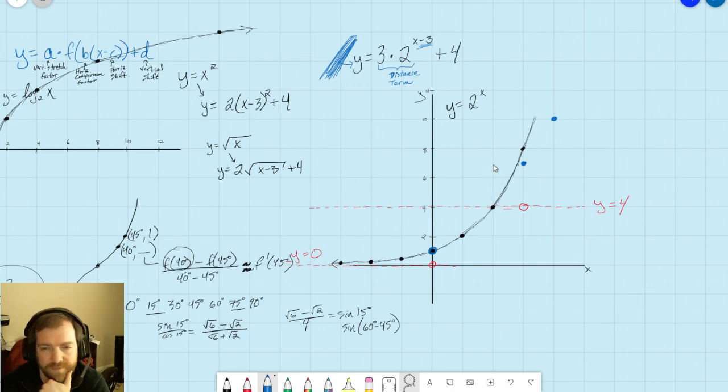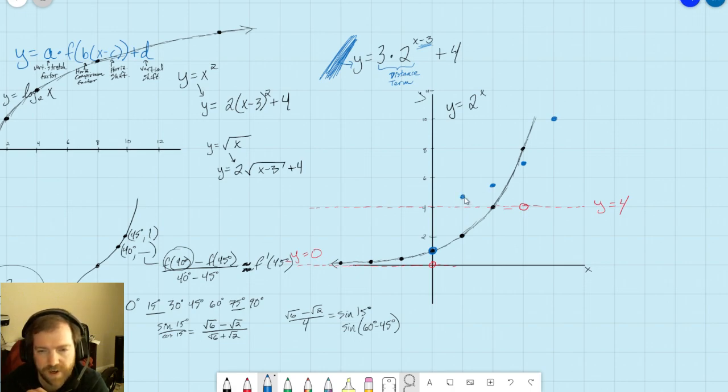Half of 3. I should really be careful with this. This is a distance of 1, 2, 3. We're going to halve that, and now it's going to be 1 and a half. It's going to be here. 1 more to the left, it's half that distance.